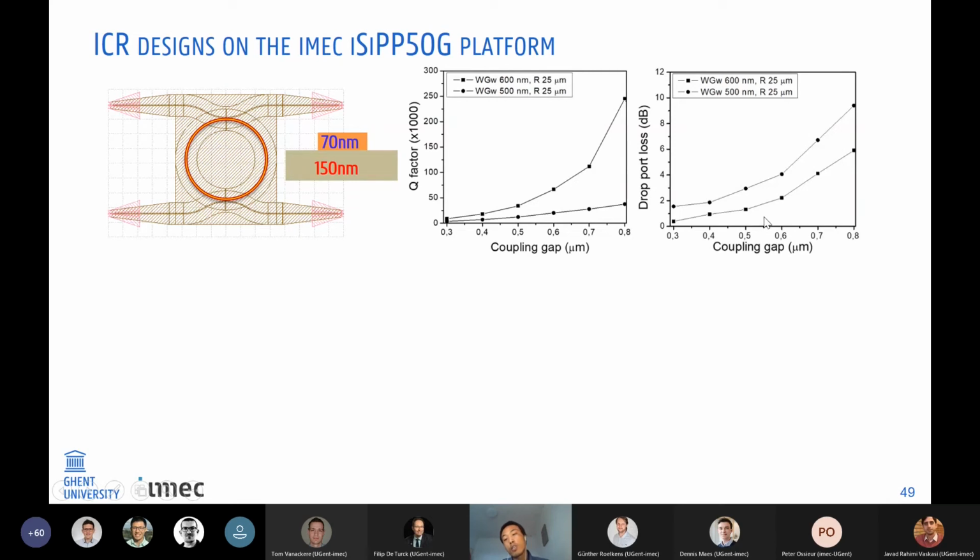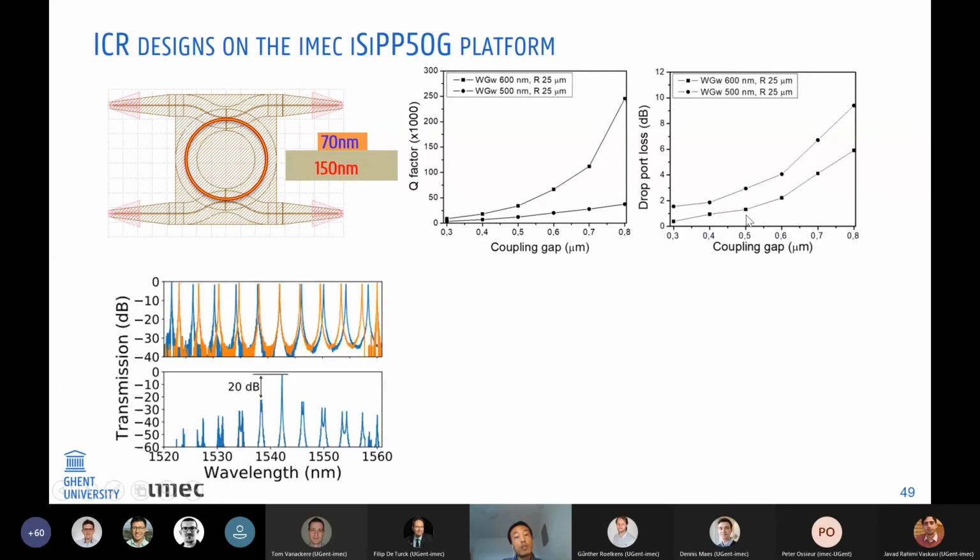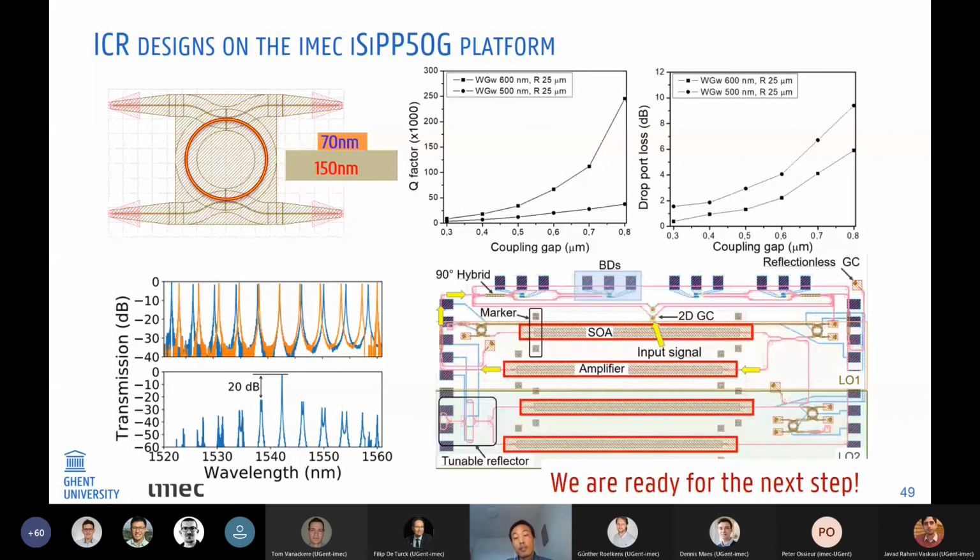Basically we can have a relatively high loaded Q factor, and the drop port loss is acceptable. And here are the transmission spectra of cascaded micro ring resonators.